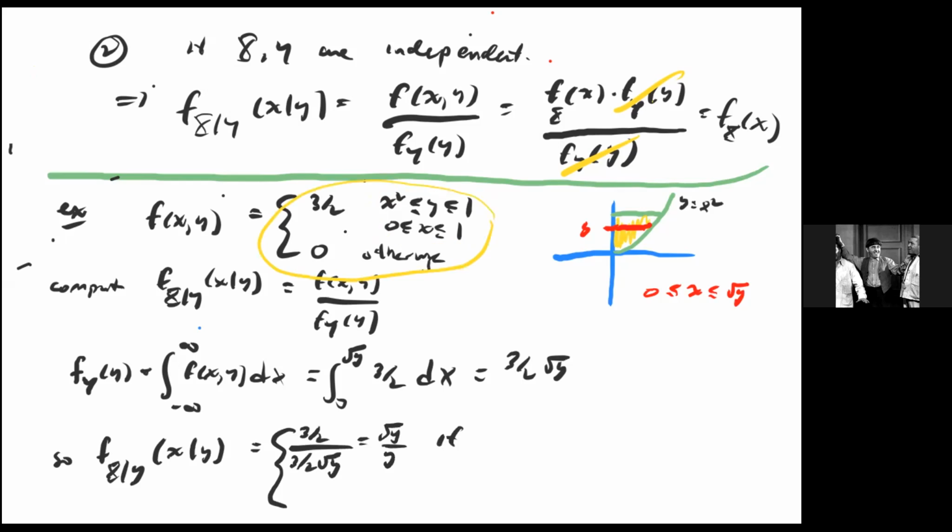So that's going to be x squared less than y less than 1, 0 less than x less than 1, and then everywhere else it's going to be 0 otherwise.